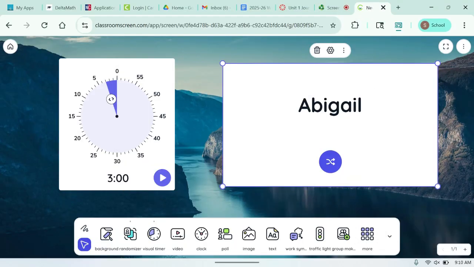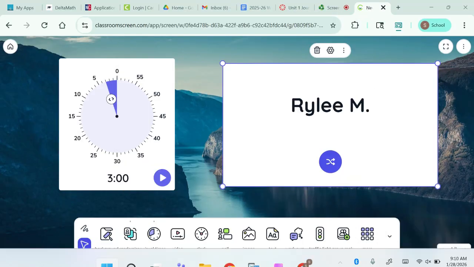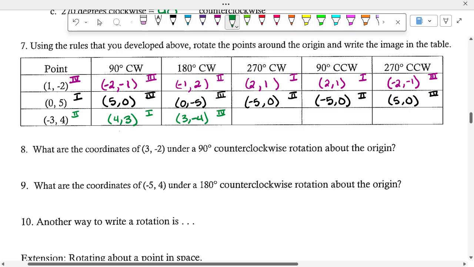All right. Riley M, 270 degrees clockwise. I start in quadrant 2. If I go 3 quadrants away, what quadrant do I end up in? We end up in quadrant 3. So what's my new point? Yep, -4, -3.